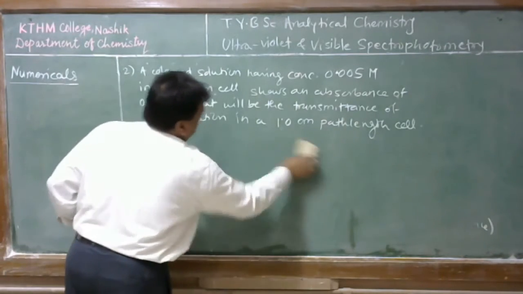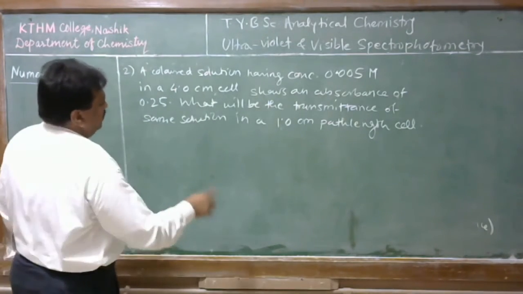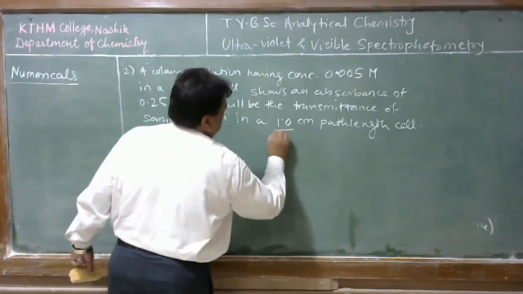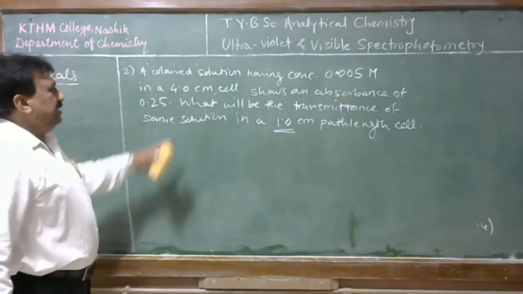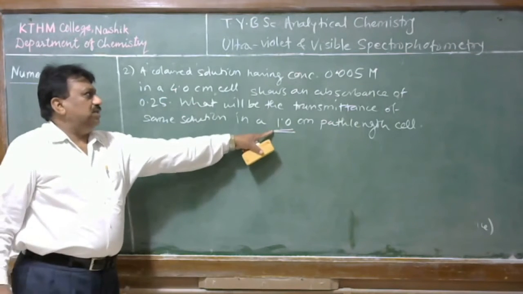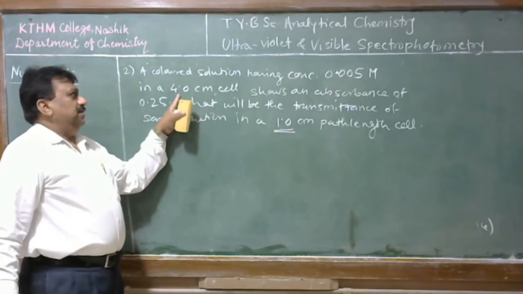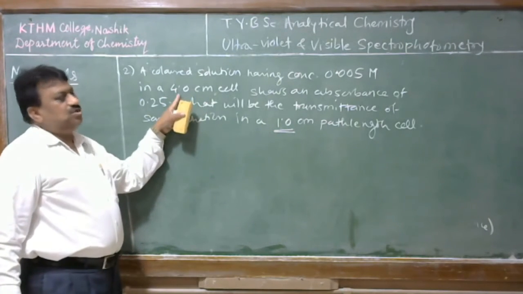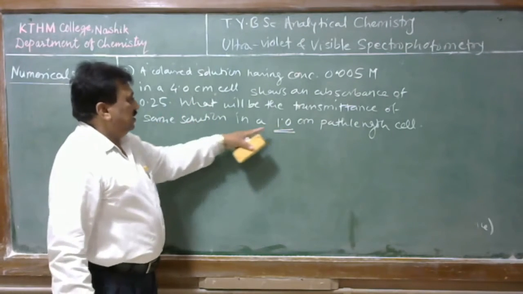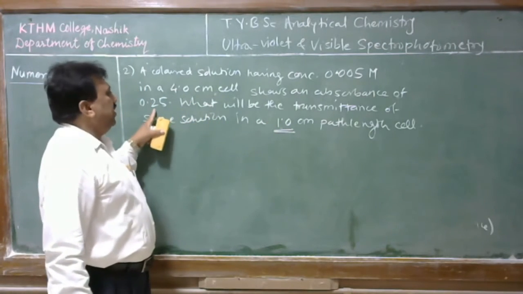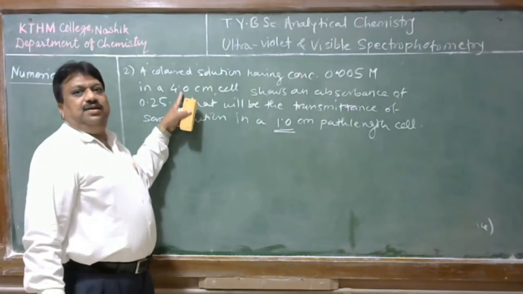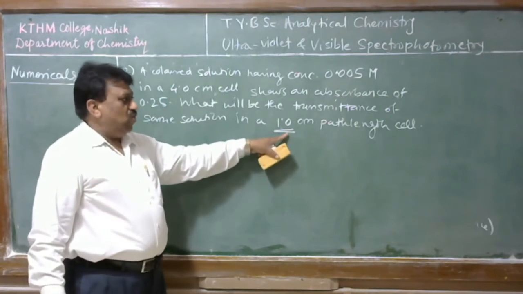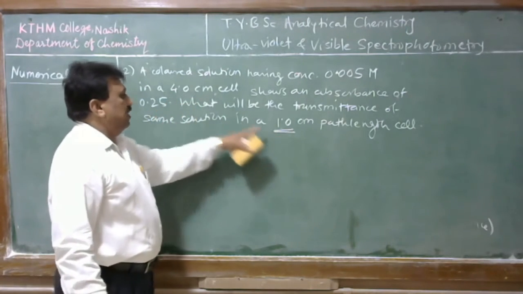We have to find the absorbance in the 1 centimeter cell. That means it can be reduced to 1/4, because when the path length is 4 centimeter, absorbance is 0.25, and when the path length changes to 1/4, absorbance also changes to 1/4.